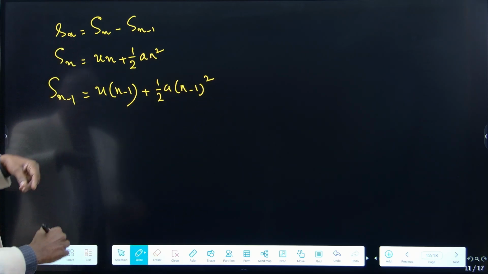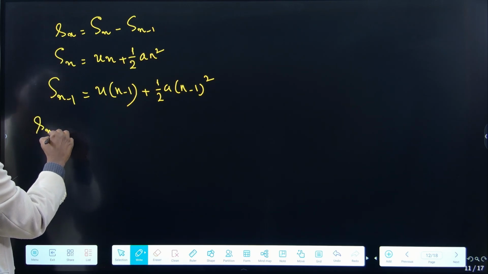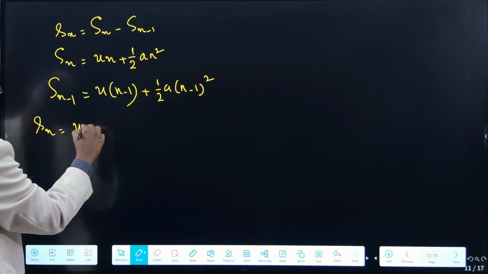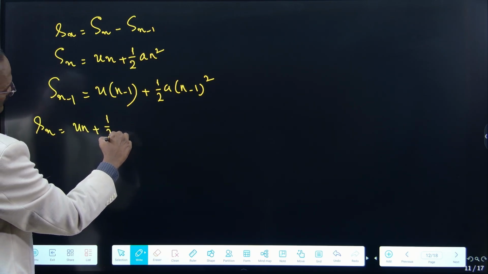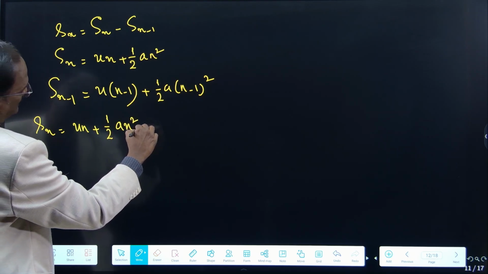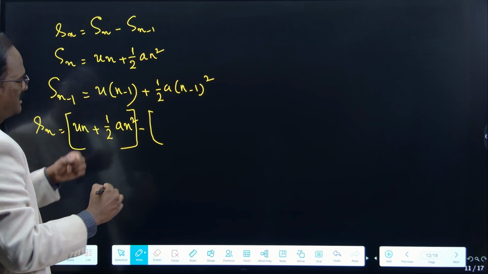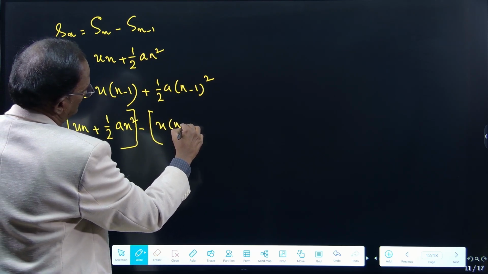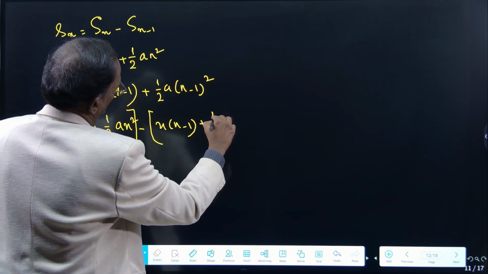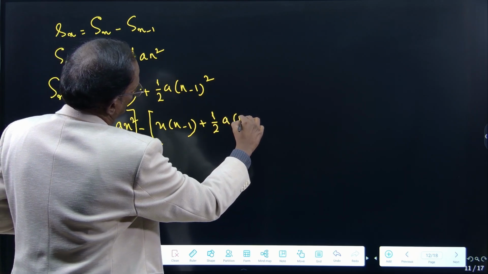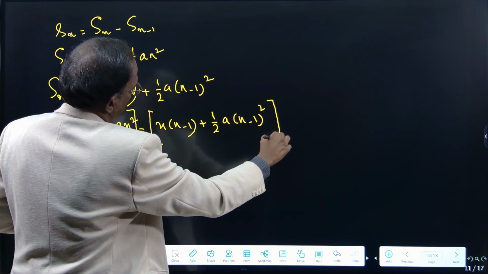So we need sn: un plus half a n square, minus, then this is u of n minus 1 plus half a n minus 1 square.